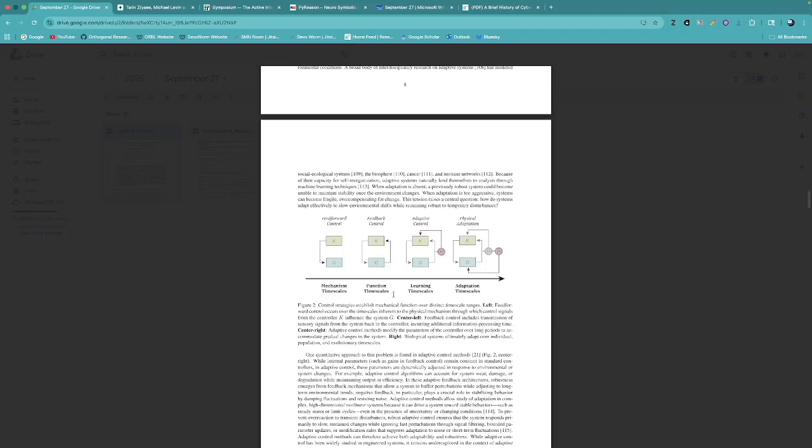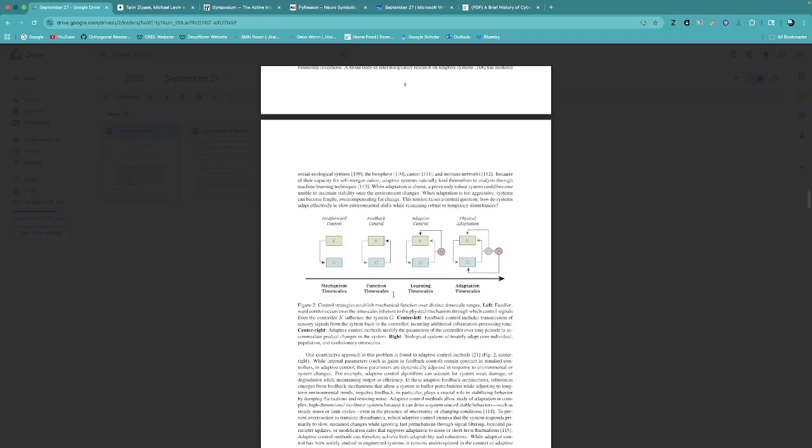And then the adaptation time scale, which is where you have physical adaptation rather than adaptive control. You have, of course, your adaptive control, where we have a gray circle, which is integrating the feedback from G to K, and that's influencing K. But then we have another integrator which actually influences G. So this is G being influenced by the feedback that it's giving to K. So this is the difference between learning and adaptation.